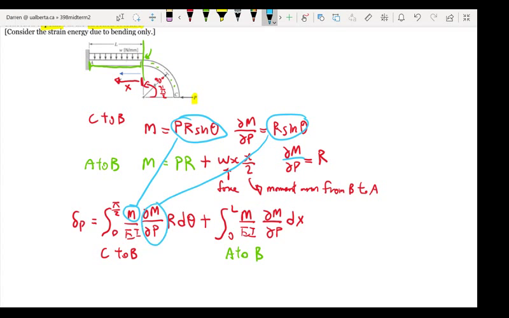For A to B, we just have to substitute this term to here, and substitute this term to here.